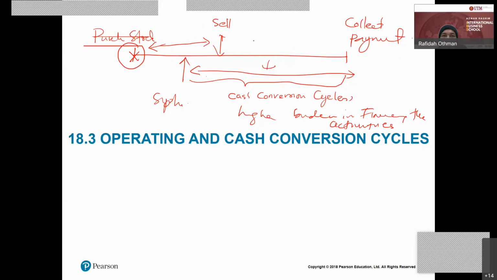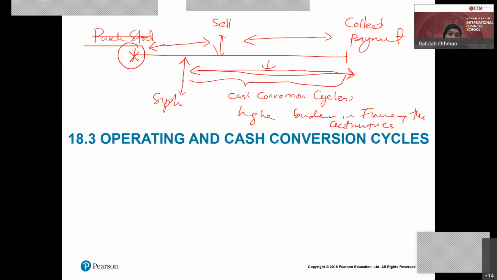And when is the period you are going to collect the money? Why? Because you have to pay supplier first, right? You have to pay the supplier here, and you actually have to manage the cash cycle this long. So the shorter the cash cycle, the better. Meaning that you have to manage it, lah.